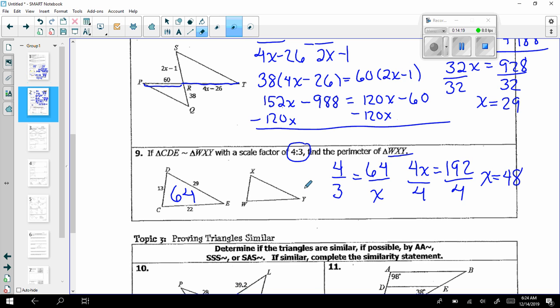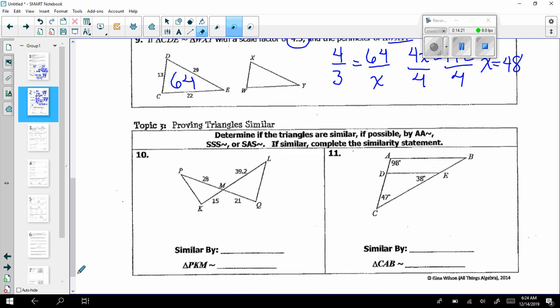Okay, now moving on to proving triangles similar. Remember that we can prove triangles similar by angle, angle, side, side, side, or side, angle, side. So we're going to complete the similarity statement, but we have to double check. All right, so remember that in order for triangles to be similar, the angles have to be congruent, and the sides are proportional by the same proportion.